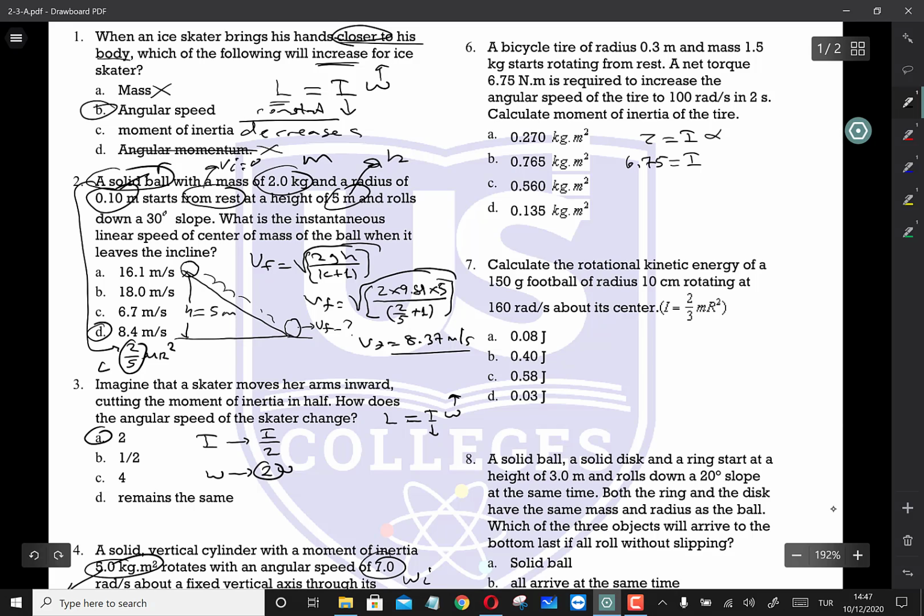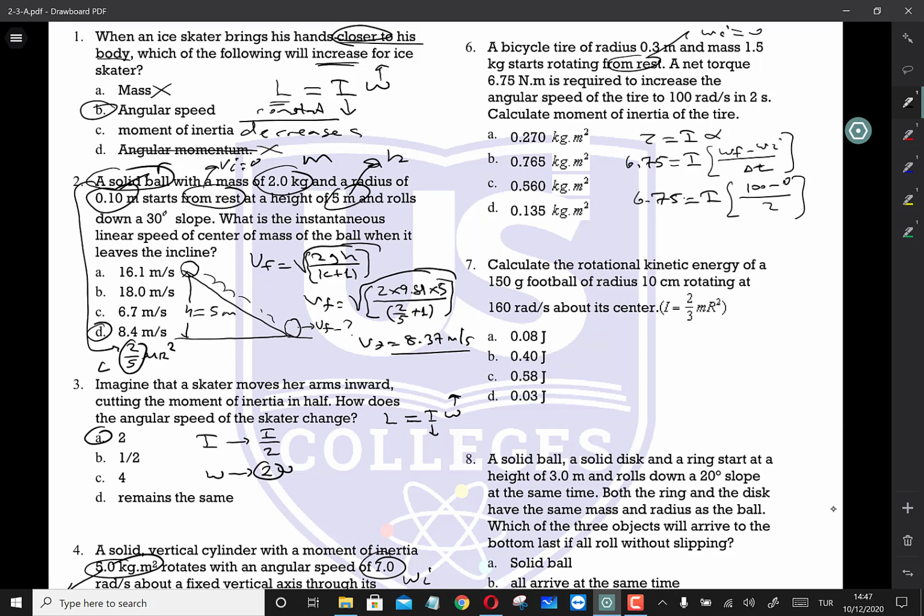Let's calculate alpha. We are going to use the definition of angular acceleration, which is final angular speed minus initial angular speed divided by delta t. So 6.75 is equal to I times final angular speed, which is 100, minus initial, which is 0 because it's starting from rest, divided by delta t, which is 2 seconds. 100 divided by 2 is 50.